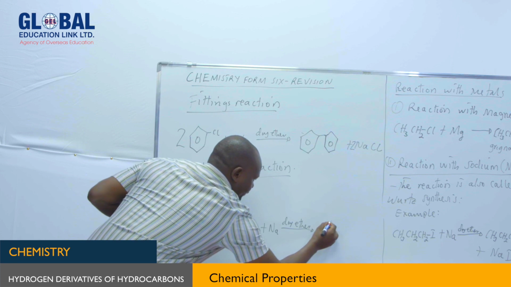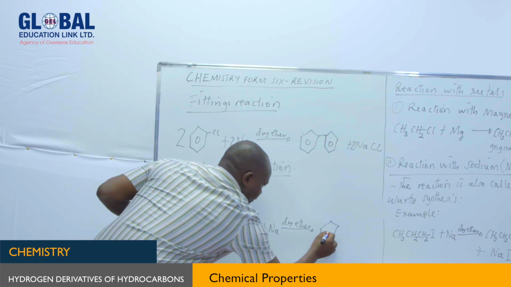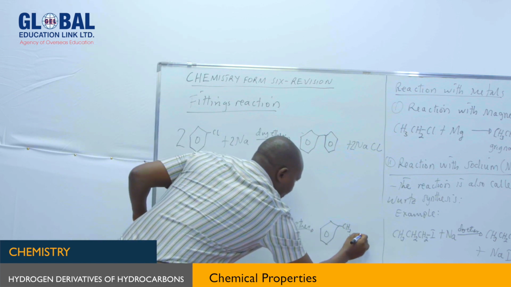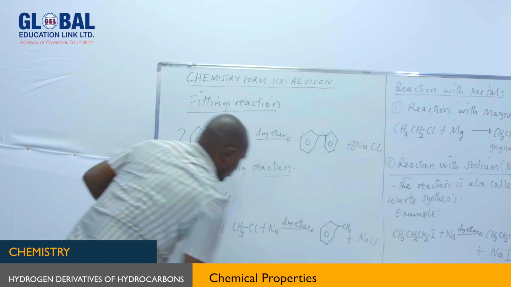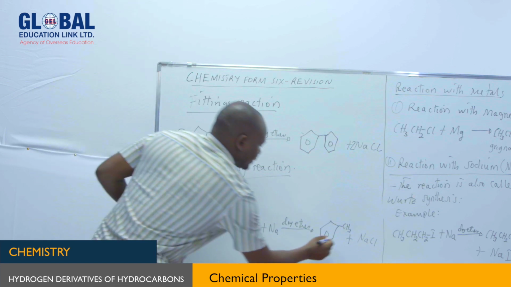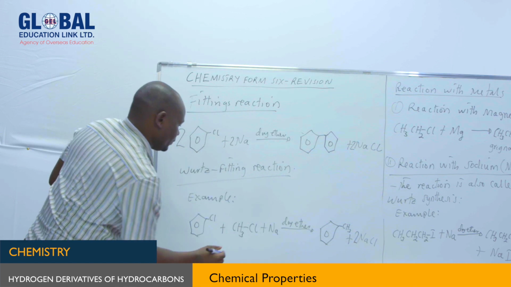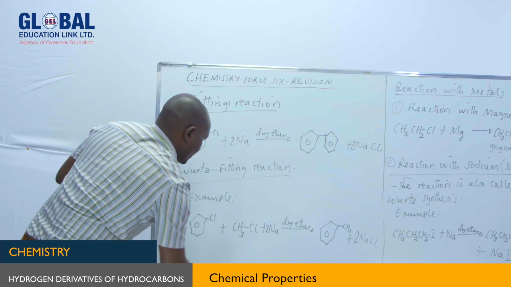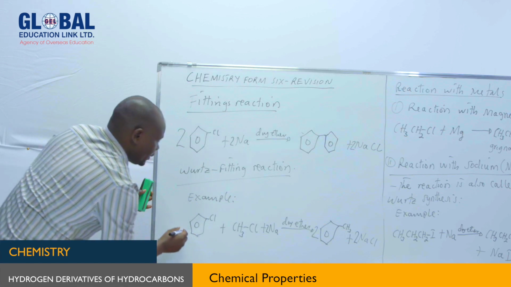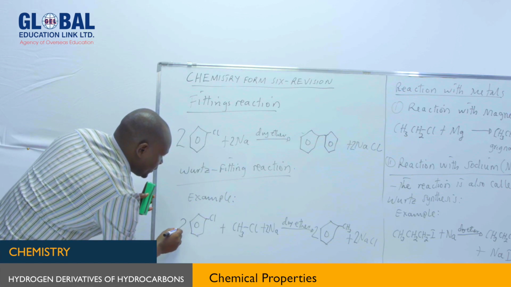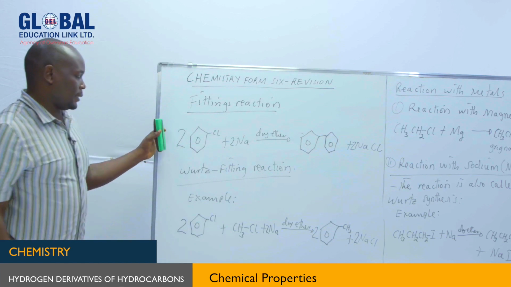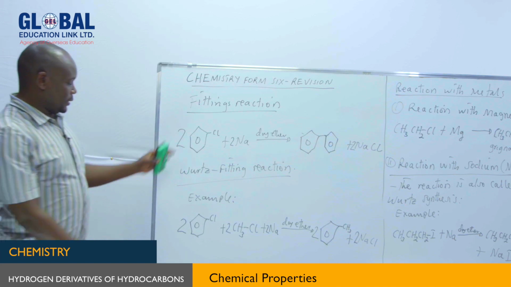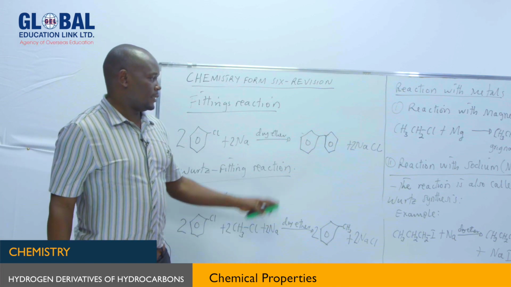So here the product will be benzene-CH3, then the other product will be sodium chloride. Then what remains now is the balancing of the equation. Here will be 2 and also here will be 2. So we have 2 sodium, 2 chlorine. So this is what we call the Wurtz-Fittig reaction.